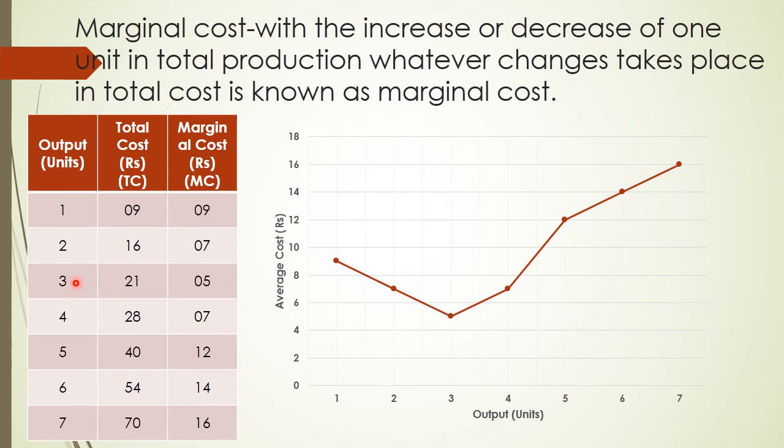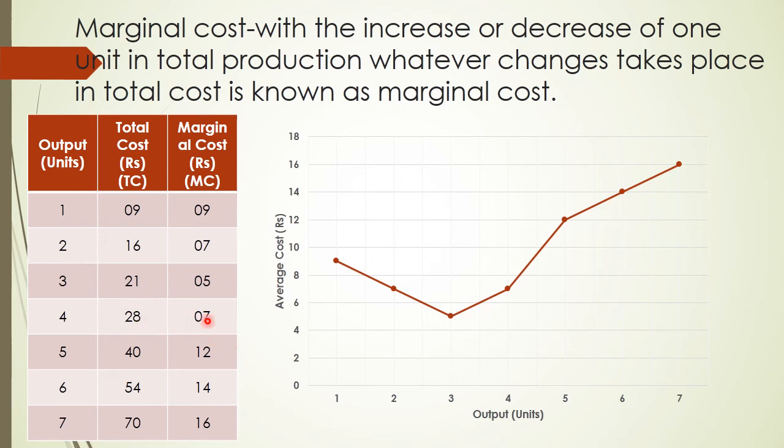So by adding 1 more unit, how much has your total cost increased? How can you find it? 16 minus 9. So 16 minus 9 is 7. So that is your marginal cost. By increasing or decreasing 1 unit in total production, whatever change takes place in your total cost, that is your marginal cost.